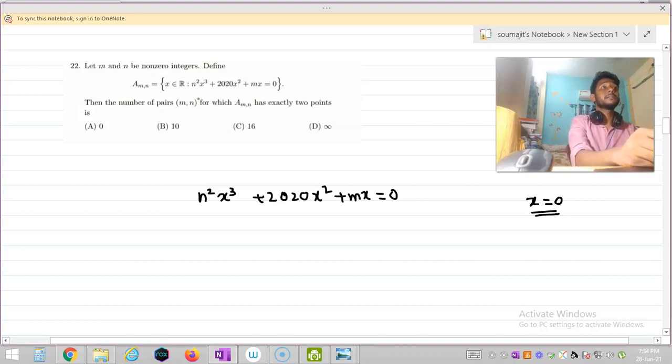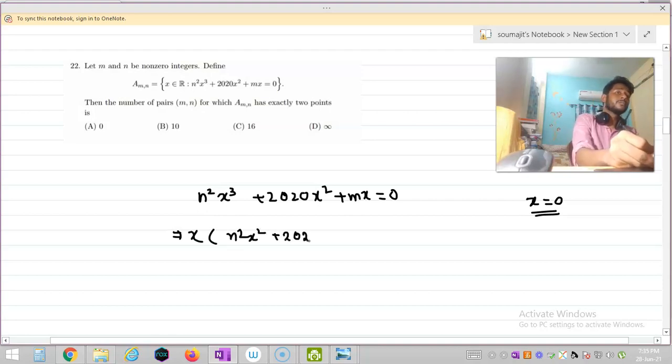And it says that A(m,n) has exactly 2 points. It means this equation has exactly 2 solutions. Now taking x as common, I can write it as x times n square x square plus 2020 x plus m equal to 0. Now this is a quadratic equation.